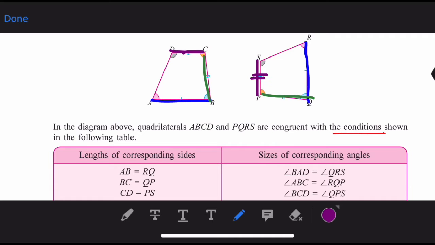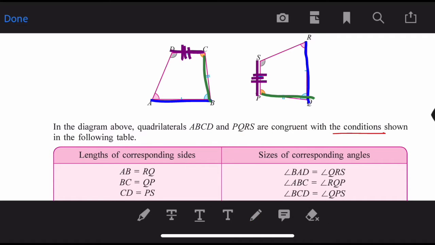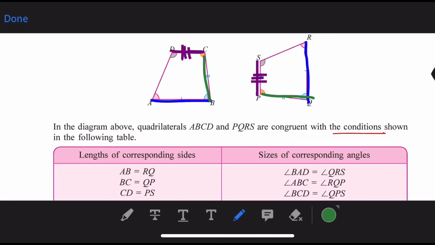Normally we use 3 lines to show their equal length. The third pair we use 3 marks, the second one we use 2, and the first one we use just 1, right? That is how we show their equal length. And for the angle, we will use BAD.